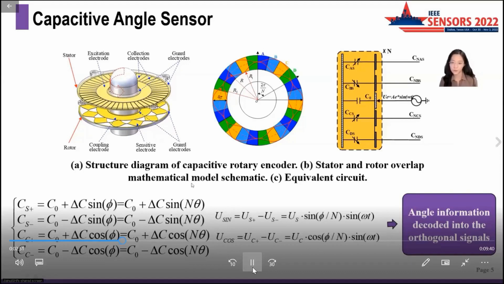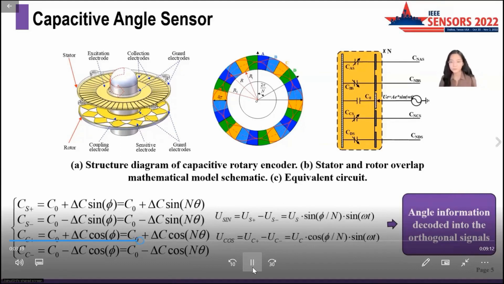In the measurement process, an excitation signal acts on the excitation electrode of the stator. Then a voltage signal having the same frequency is obtained on the coupling electrode of the rotor. As the sensitive electrode is connected to the coupling electrode, the voltage signal is feedback coupled to the collecting electrode.